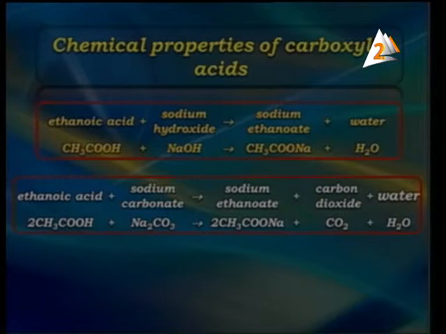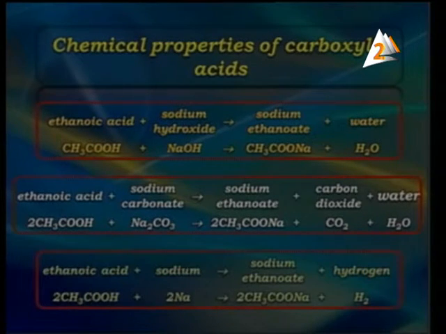After that, ethanoic acid reacts with sodium carbonate. Sodium ethanoate is also produced as a type of salt, and we have carbon dioxide because here we have the sodium carbonate. Carbonate produces CO2 plus H2O in many of these reactions. So we have carbon dioxide, water, and the salt sodium ethanoate produced from the reaction between the carboxylic acid and sodium carbonate.